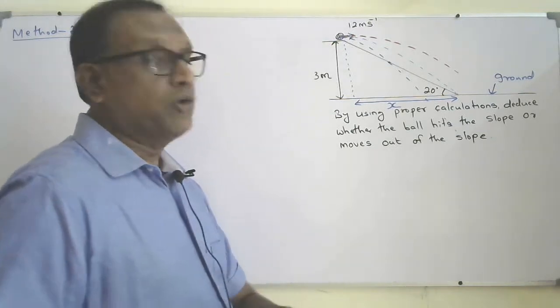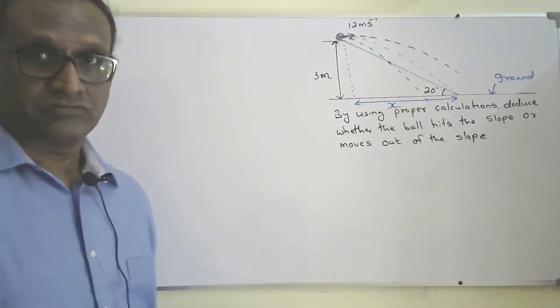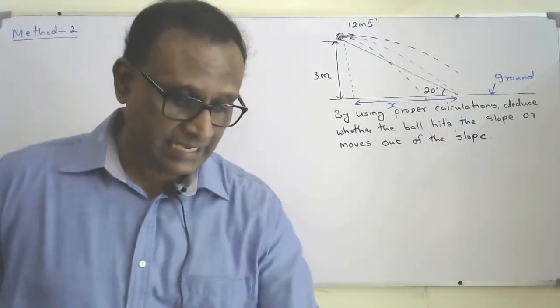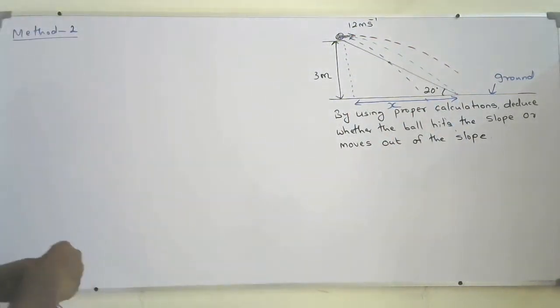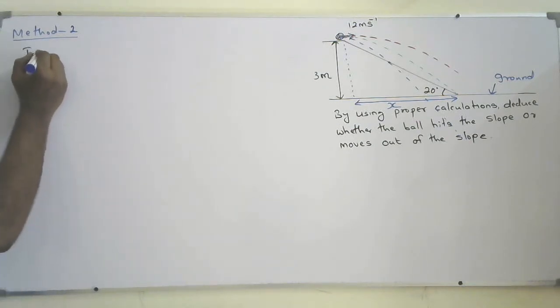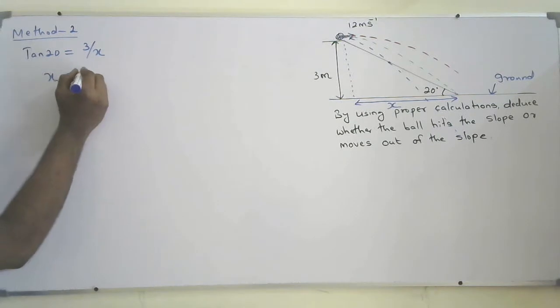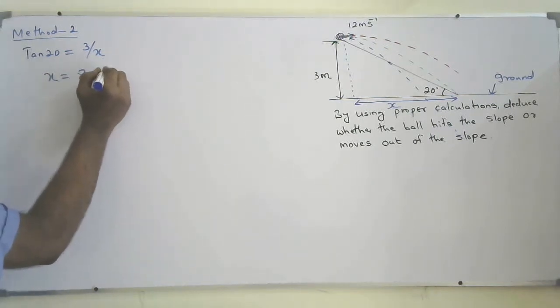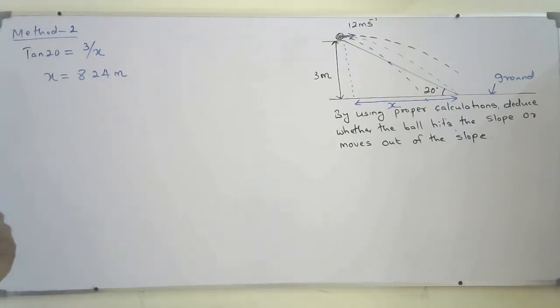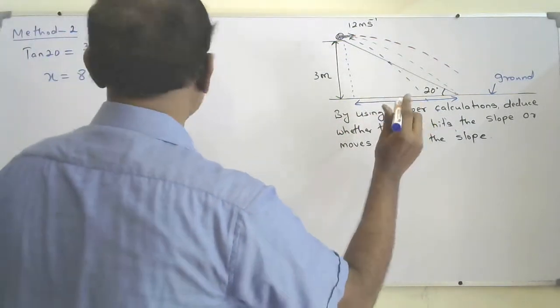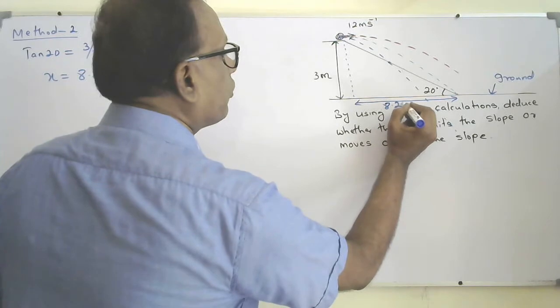We will find the vertical displacement of the ball when it completes the horizontal length, that is x. I can find the x by using tan 20 equal 3 over x. So x is going to be 8.24 meters. So I'll find the time taken to complete this horizontal displacement, 8.24 meters.